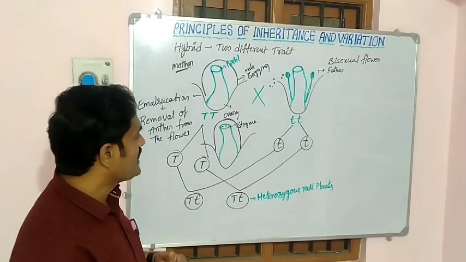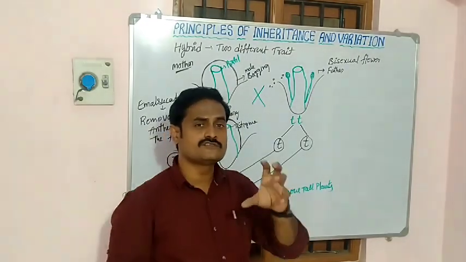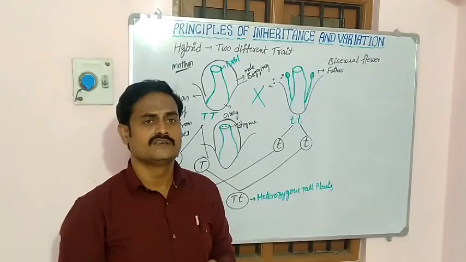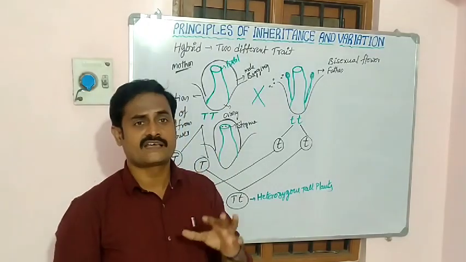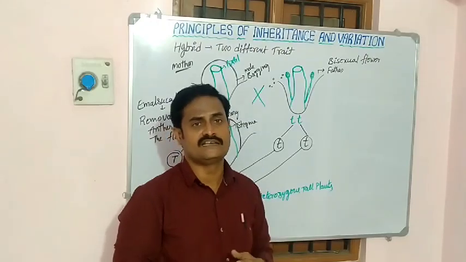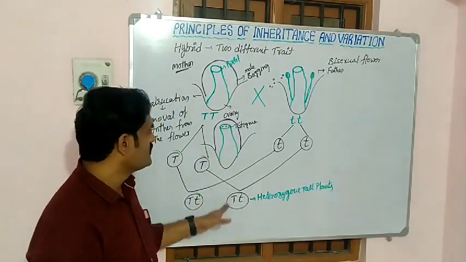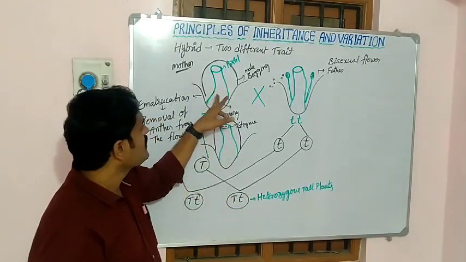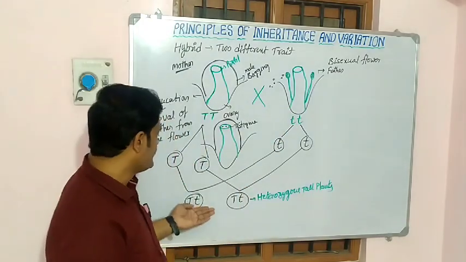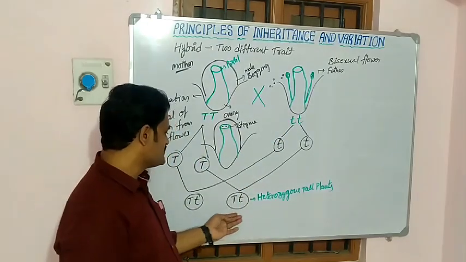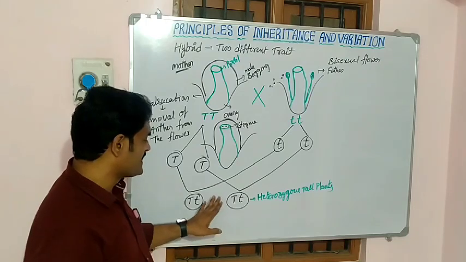Mendel conducted so many experiments. Mendel chose only one character. So here the character is height, and the character height has two forms, tall and dwarf. So Mendel chose the tall plant and dwarf plant. And finally, which type of plants are coming in the F1 generation?